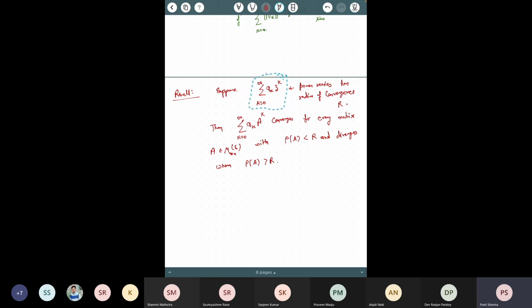We know when this power series converges. So here we can actually tell when such a series makes sense. For example, before I give you the proof, you can tell me whether this is a valid thing to write or not.